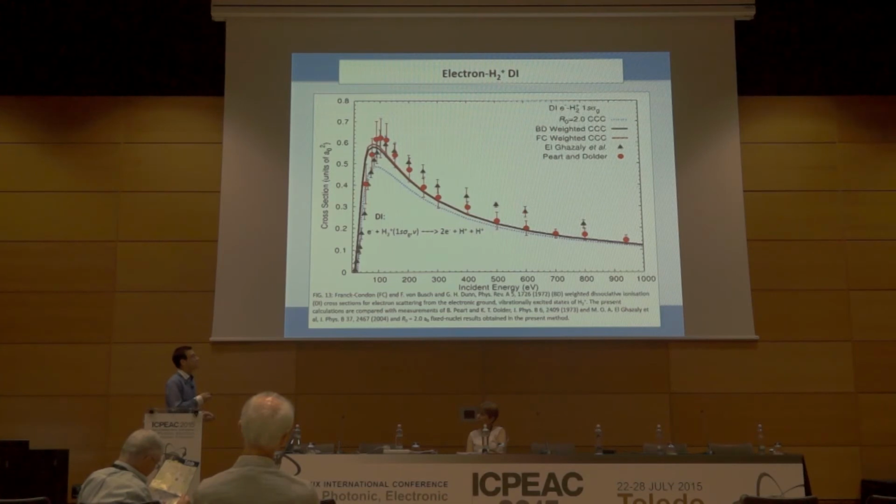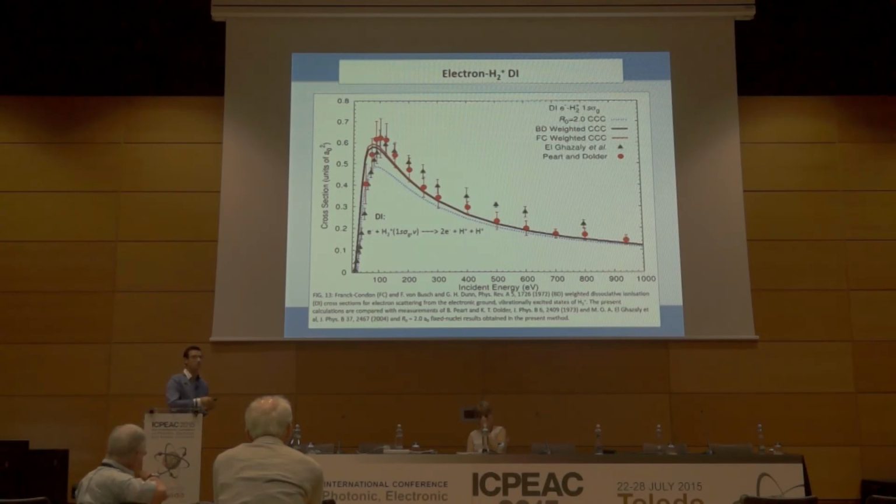the experiment of El-Ghazaly measured fast energy protons arising from a Coulomb explosion, and assumed that that was because of the dissociative ionization process. Then what they did is they extrapolated that over the kinetic energy release of their protons arriving at detectors and said, okay, that's dissociative ionization.